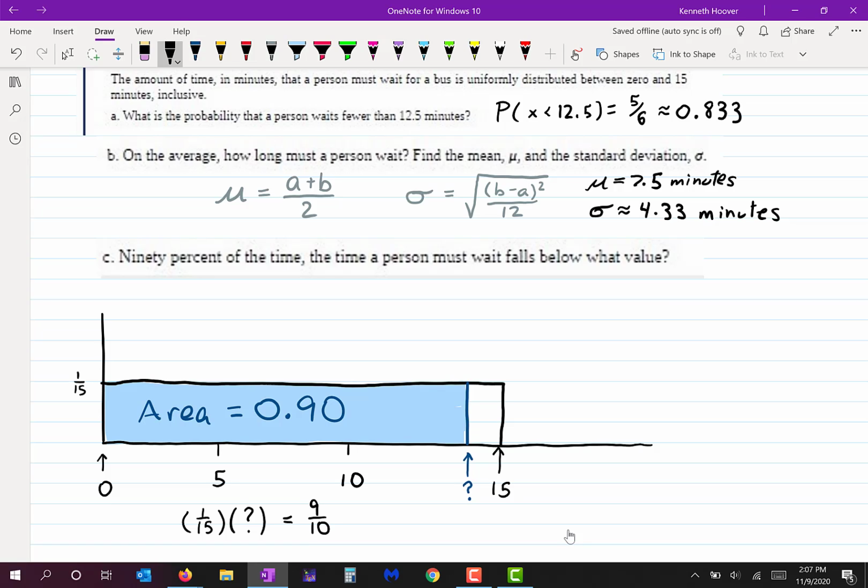So that means the width that we're looking for is equal to 9/10 times 15, which equals 27/2, or 13.5.